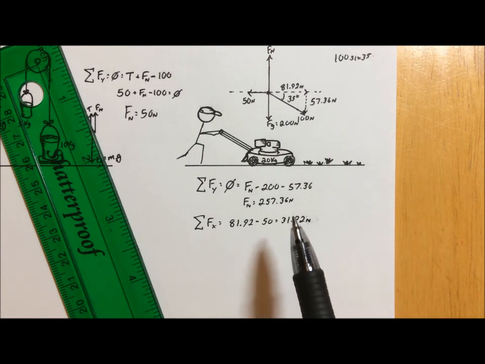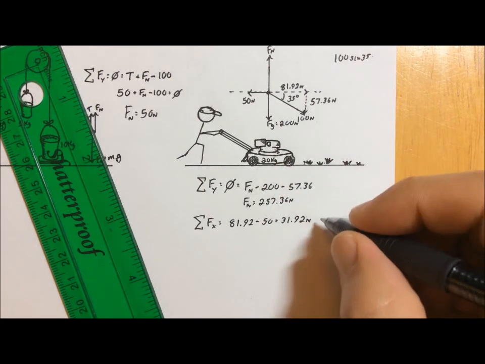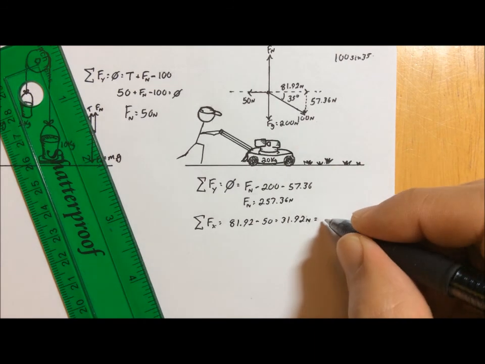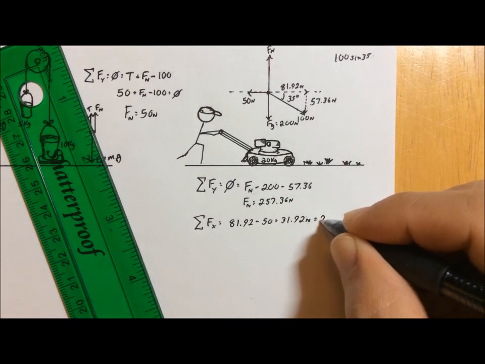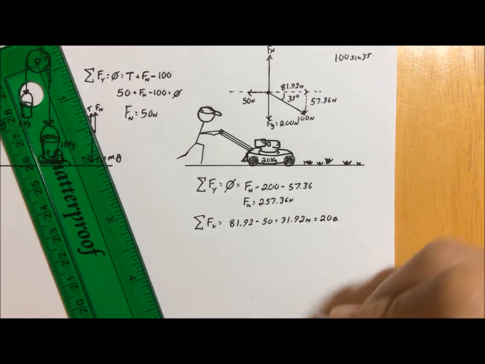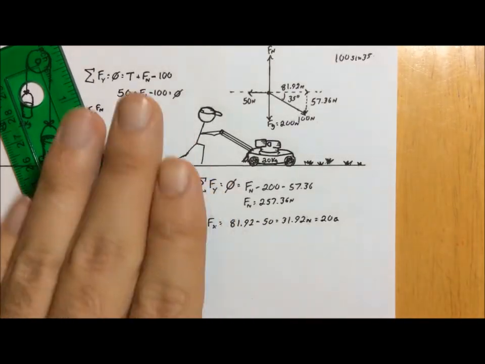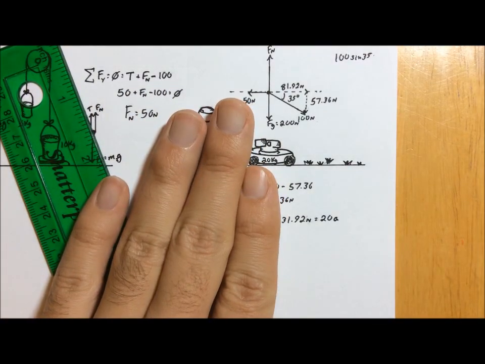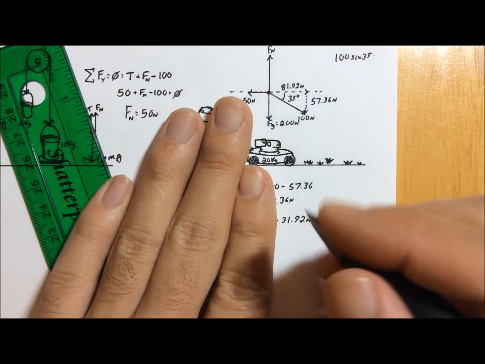That's going to be the net force, and that's going to be equal to MA, and M in this case is 20. A is what we don't know. So 31.92 is equal to 20A.